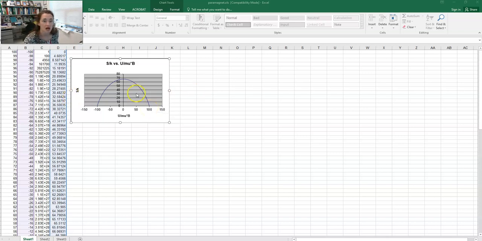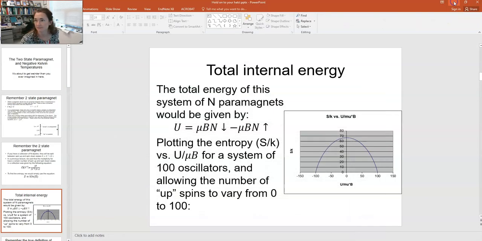Then I calculated the entropy with respect to that multiplicity, and then I plotted S over k, S over Boltzmann's constant, versus the internal energy over mu B. Okay, so that's what's shown here in this graph on the right.